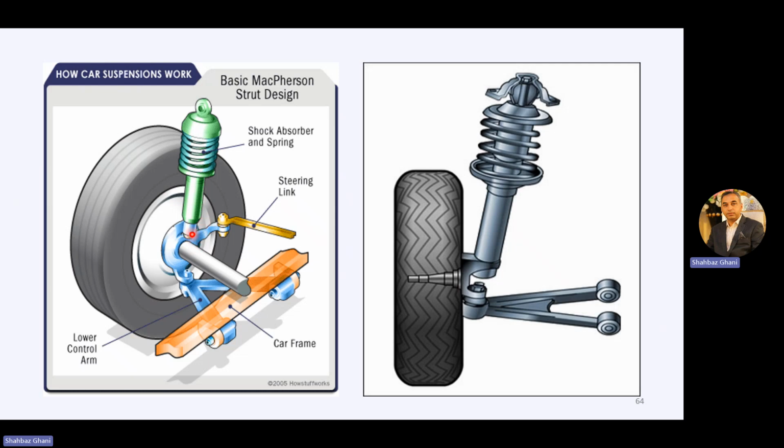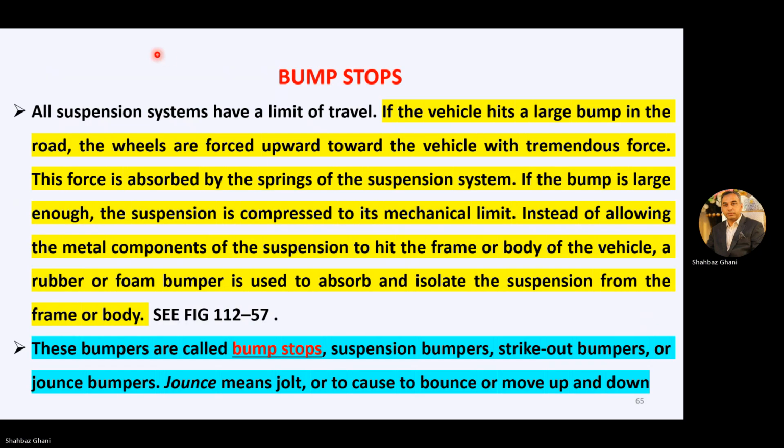Instead of the upper control arm, it is directly attached to the steering knuckle. Then we have the steering knuckle, the spindle, and the lower part of the steering knuckle is attached to the lower control arm, and that is attached to your body or linkage. Then we have a bump stop. All the heavy vehicles or the load carrying vehicles have this assembly, the bump stops. All suspension systems have a limit of travel up and down.